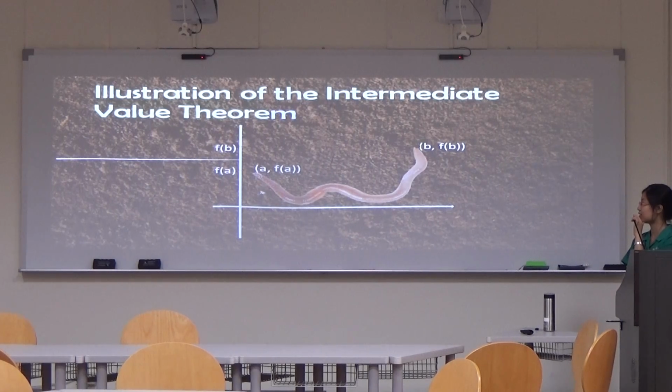It represents a continuous function, and from the head to the tail, we stick it at point A and point B. Between the y values f(A) and f(B), we can stick a needle, and it can be located between f(A) and f(B). If we stick it through, we can be 100% sure that we will stick through the worm.